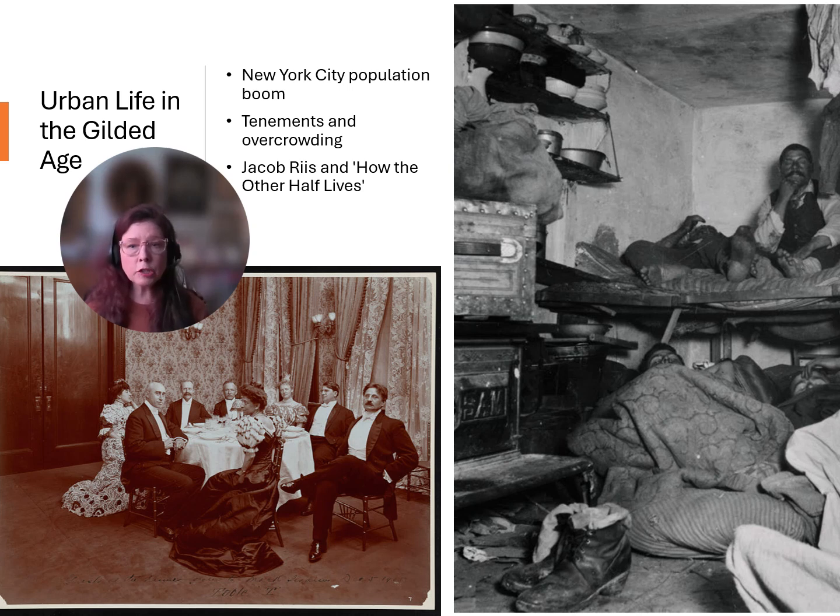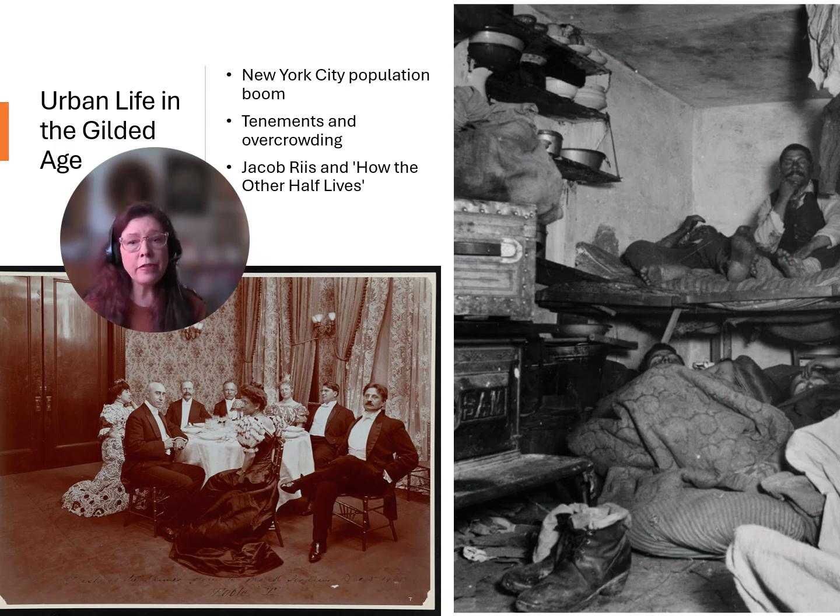And you can actually see that contrast right here. Now, if you look at the image on the bottom left, you are seeing wealth. You have a formal dinner setting, well-dressed individuals, space, comfort, everything feels controlled and orderly. That is one version of urban life. And then just across from it, you can see something completely different.